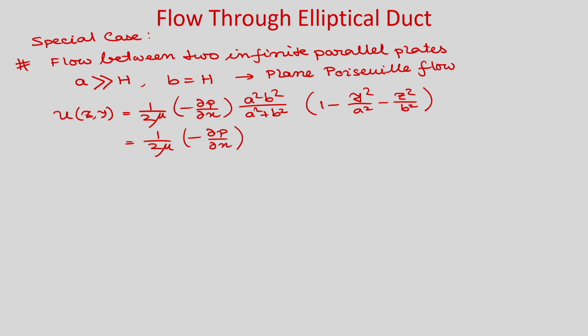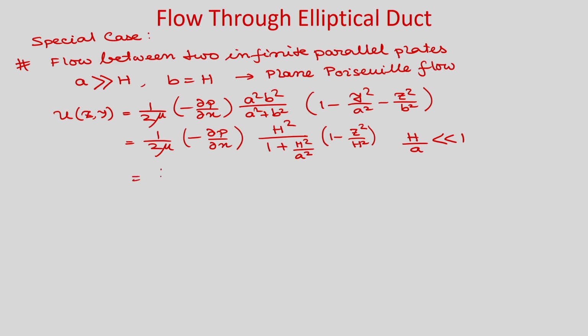So, if you put here b square as h square, divided by a square, it will be 1 plus h square by a square. So, you can see h by a is much smaller than 1, okay, much smaller than 1. So, obviously, you can write this as h square and we have 1 minus z square divided by h square, okay, because y square by a square will be very small.